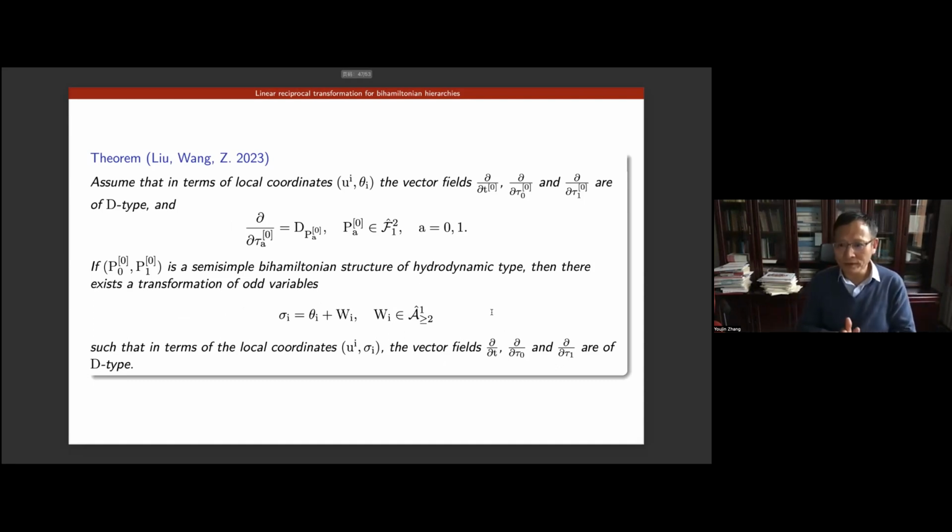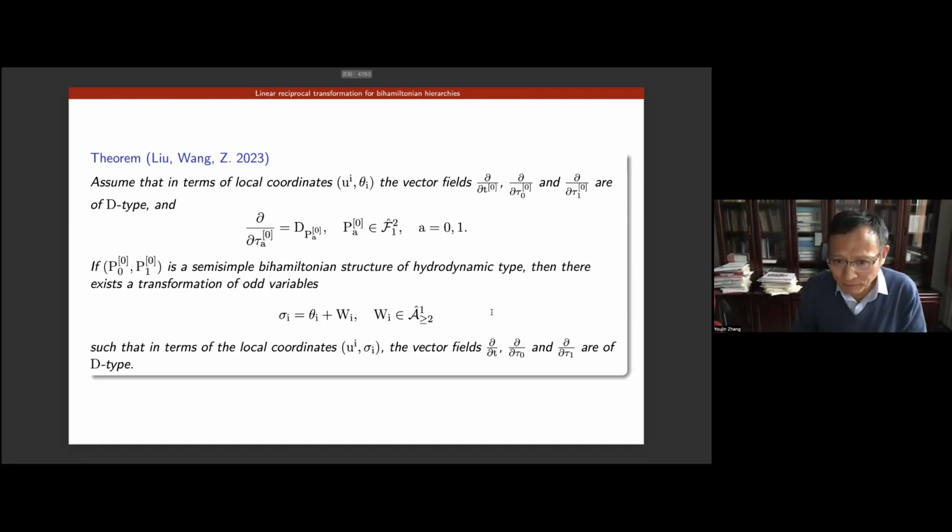So this theorem gives us a way to study the deformations. We already know how the leading terms change after a linear reciprocal transformation for the bihamiltonian structures and also for the bihamiltonian flows.